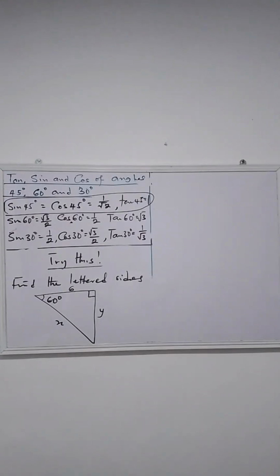Find the value of X and Y. So you are given the sides 6, Y and X, and the reference angle is 60 degrees.